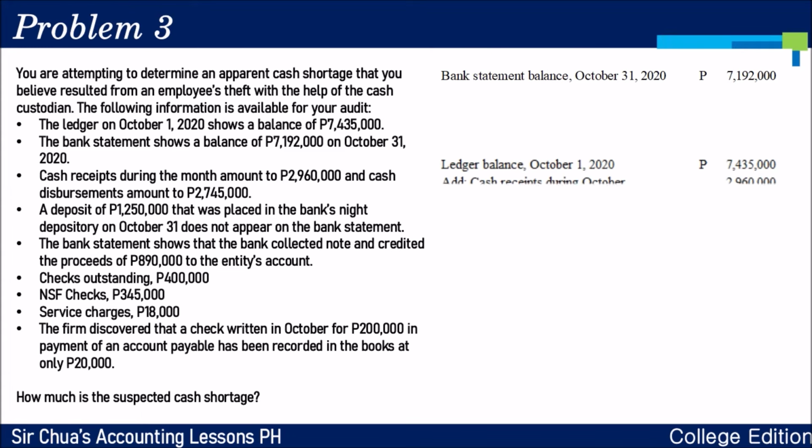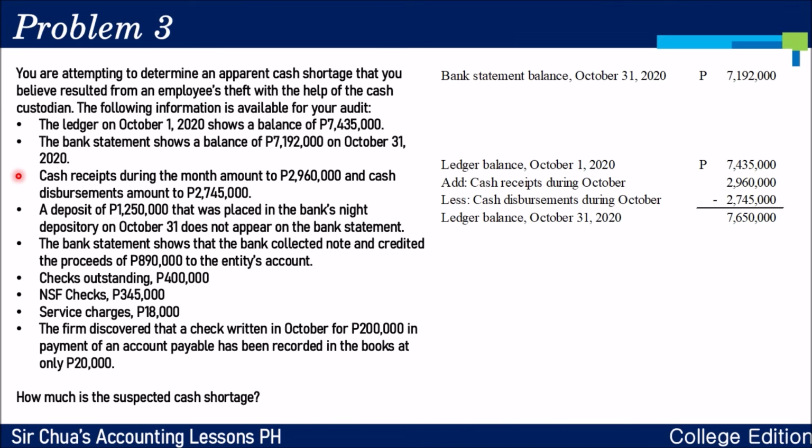So, i-add po natin yung cash receipts during October na 2,960,000 and then deduct po natin yung cash disbursement during October na 2,745,000. So total po natin, the ledger balance of October 31 is 7,650,000. Medyo comparable na po siya kasi pareho na po siyang end of month balances.